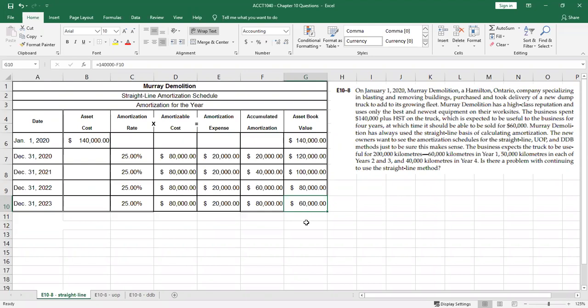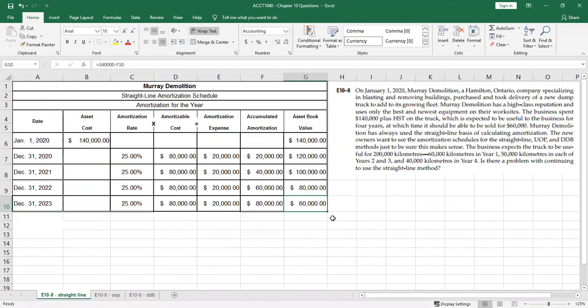Now here's a tip. When you've completed the amortization table for straight line, I want you to take a look at the asset book value at the end of the 4th year in this case, or for any question at the end of its useful life. This asset book value should be the same as the residual value, because that's the amount left over, so to speak. That's the amount that we expect to be able to sell the asset for.